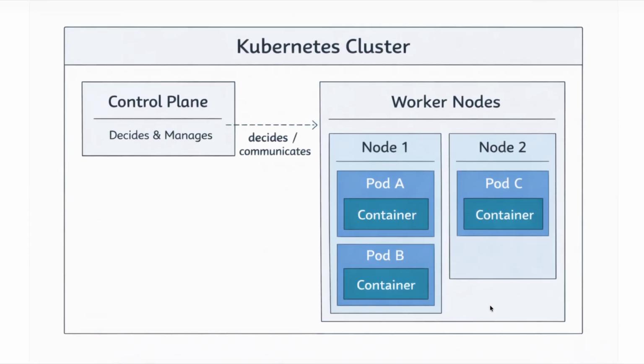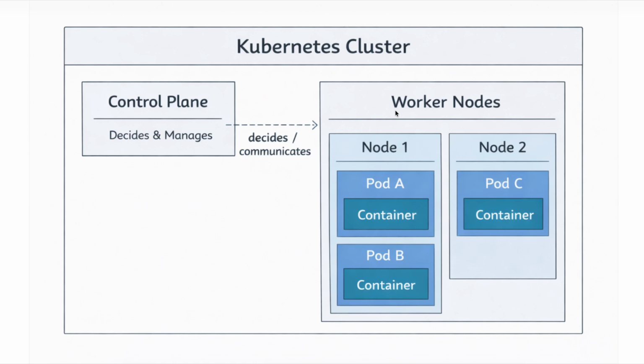Let's quickly recap what we have learned. A Kubernetes cluster is the complete system. Inside the cluster, we have the control plane and worker nodes. The control plane makes decisions and keeps track of what is running, but it does not run applications.